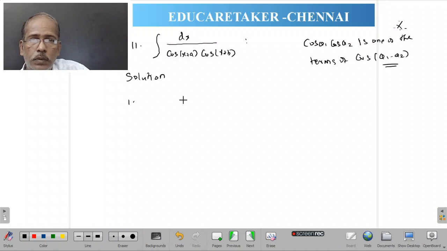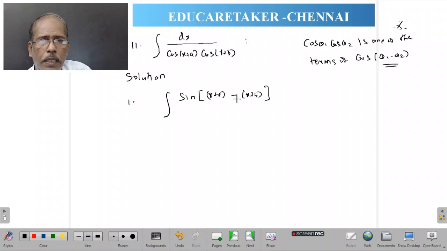Okay. Then sine of theta 1 minus theta 2, that is sine of (x plus a) minus (x plus b), which is sine of a minus b. In order to retain the equality, outside we have to divide by the same quantity, sine of a minus b.